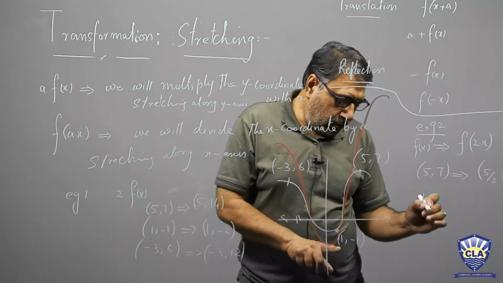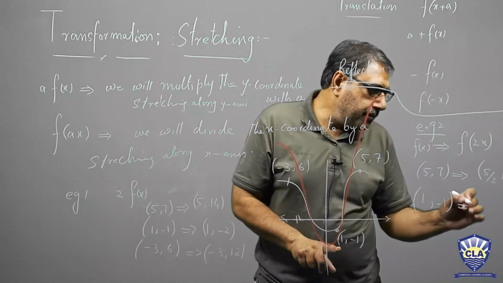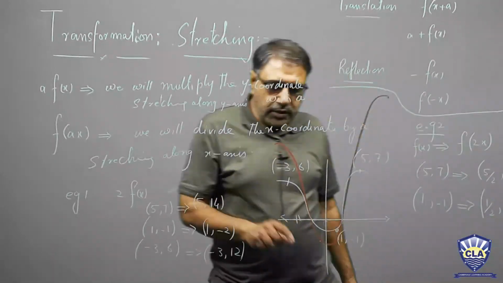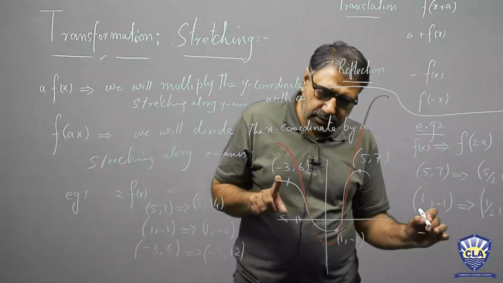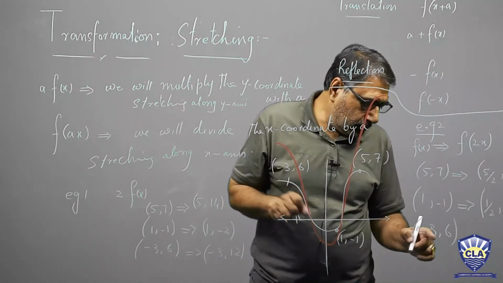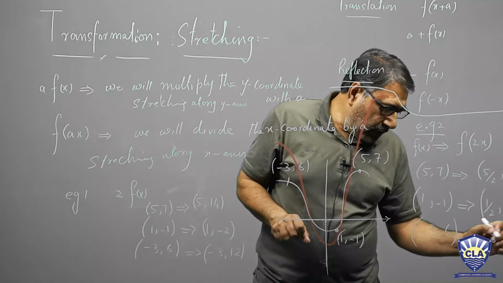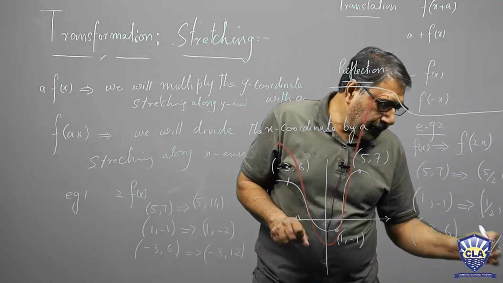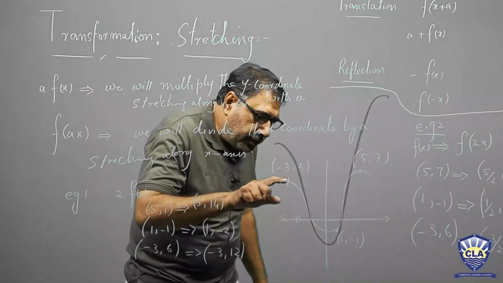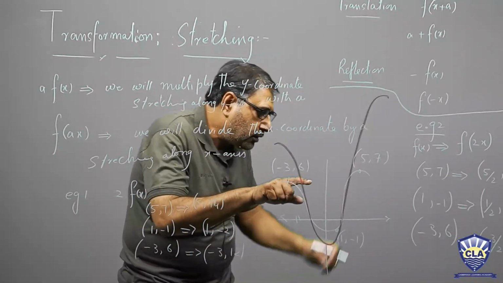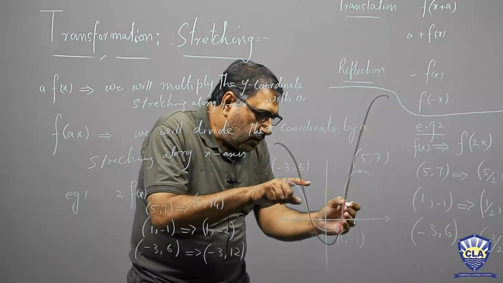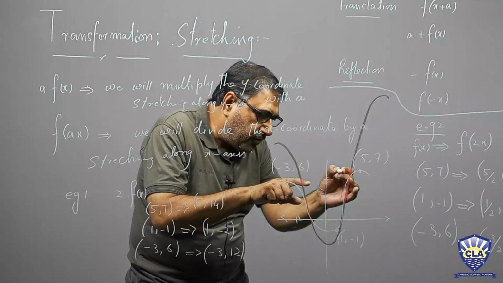And 1, -1 becomes 1 by 2, -1, and -3, 6 becomes -3 by 2, comma 6. The x coordinate will move to this side. It will move to 5 by 2.